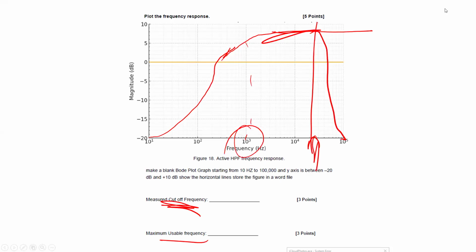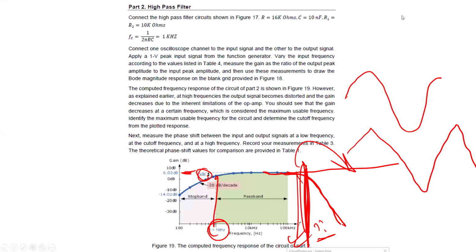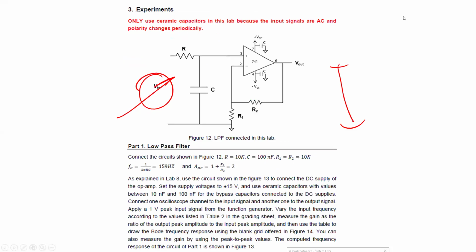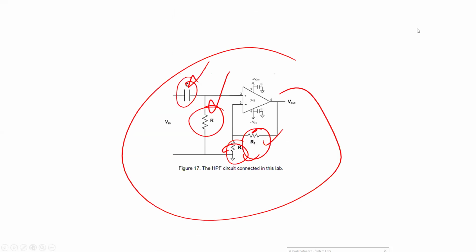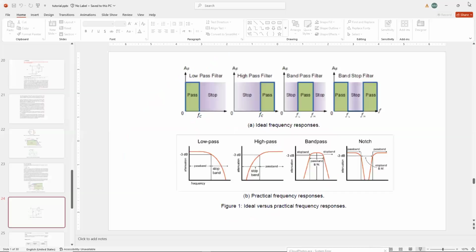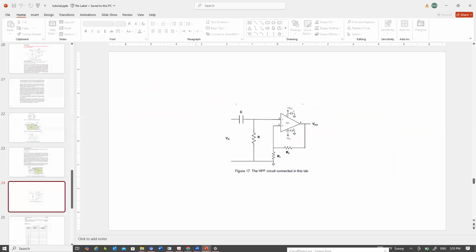That's it. So again, guys, I know we are at the end of the semester, so that's why I'm not going to ask you one more thing. I'm not going to ask you to make a report. Okay. What you have to do, let me go to the lab. I want to show you something here.